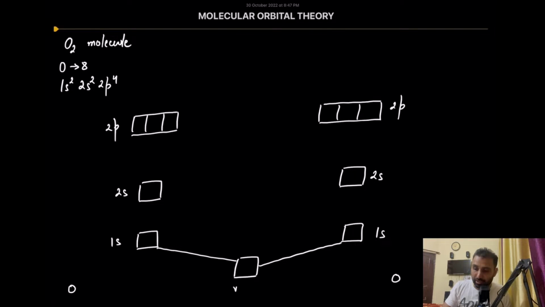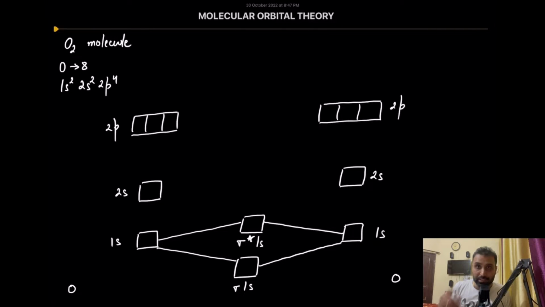That's why it will be called as sigma 1s. Now another molecular orbital is anti-bonding molecular orbital from intermixing of 1s of first oxygen and the 1s of second oxygen. Now it's an anti-bonding, so it will be called as sigma star 1s.